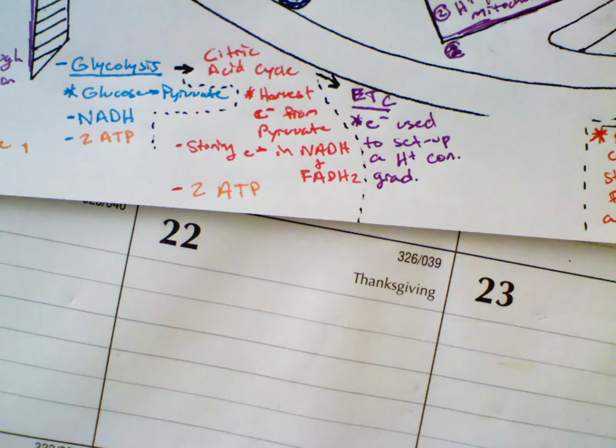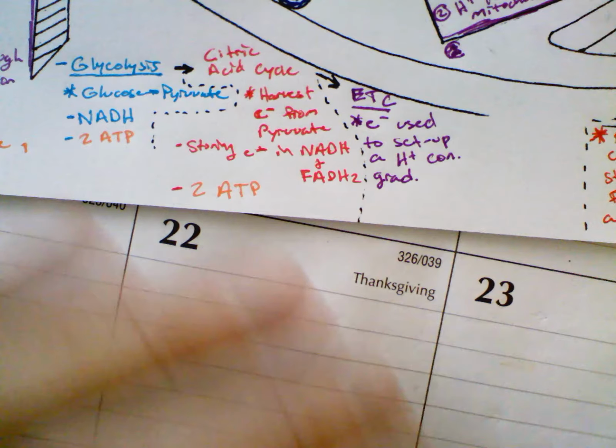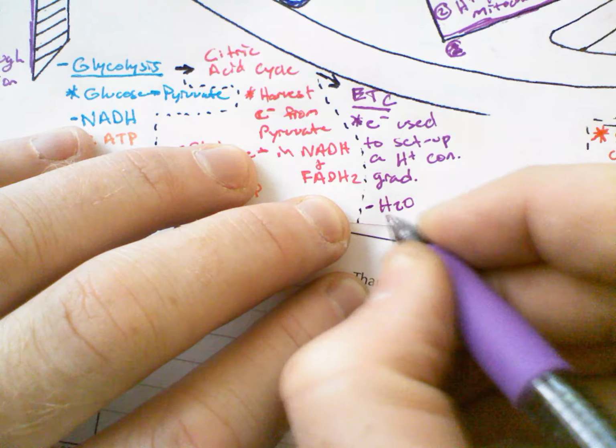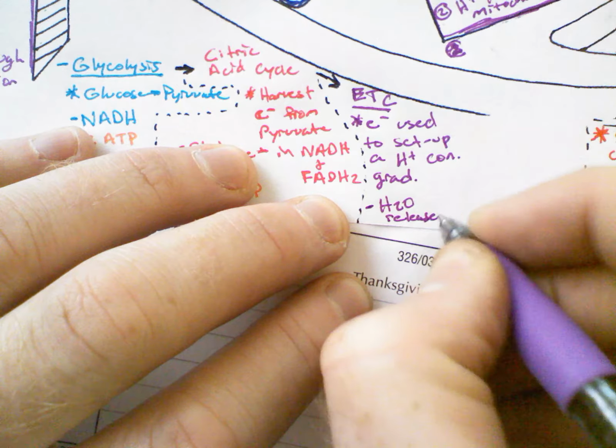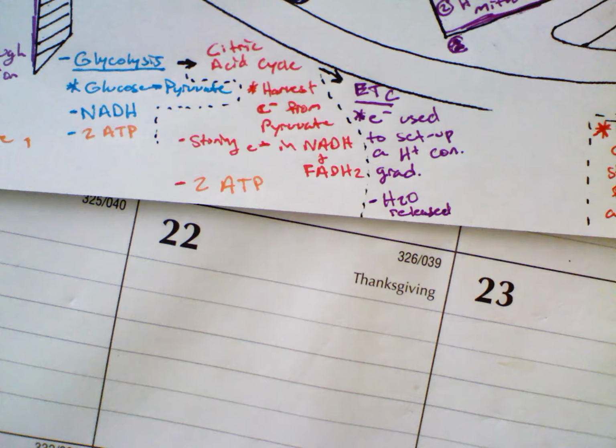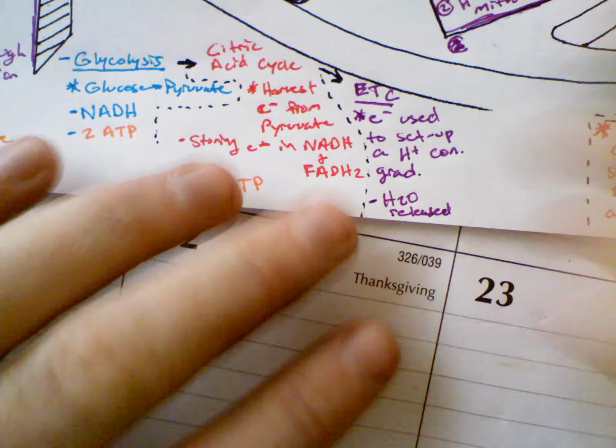Okay. And in doing so, we end up releasing water. Because remember that oxygen was used to pull the electrons through the electron transport chain, and that ended up generating that water molecule.